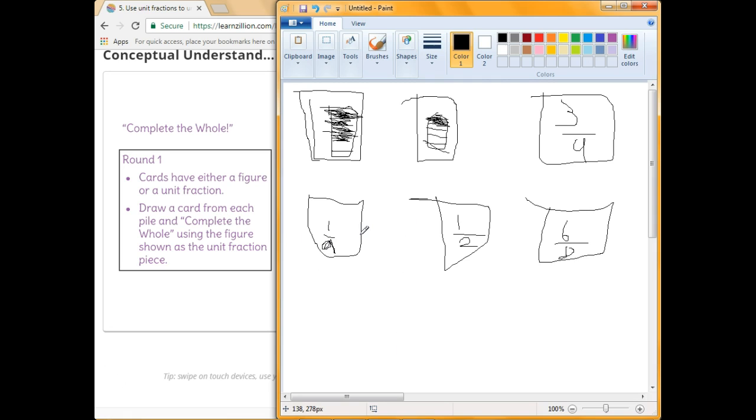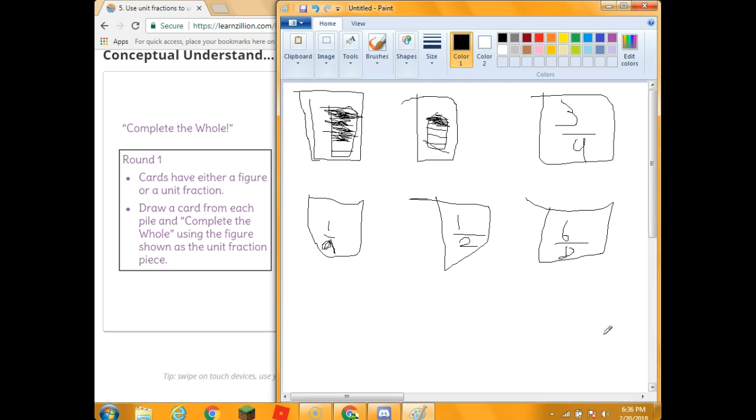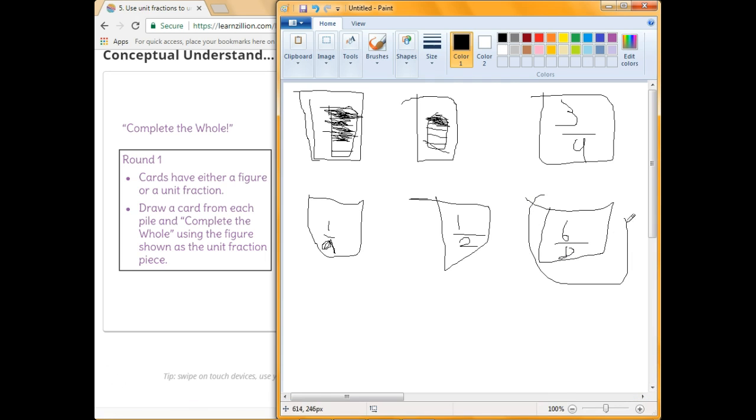So now I'm gonna close my eyes. Draw a card from each pile and complete the whole using the figure shown as a unit fraction piece. So I'm gonna close my eyes and pick randomly what this one is. My mouse was all the way down here, but I guess that's closest to 6/8.